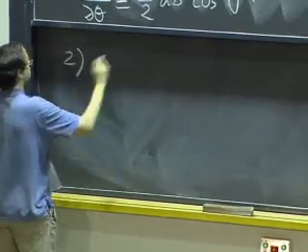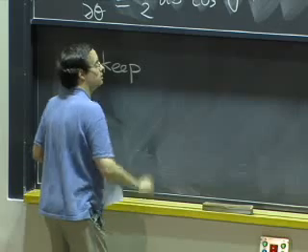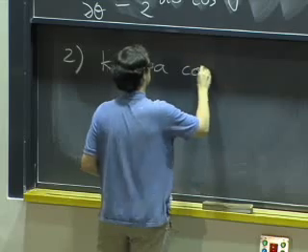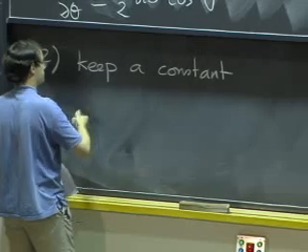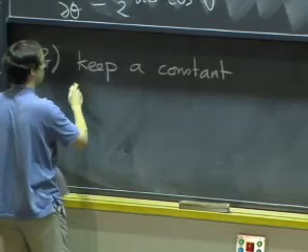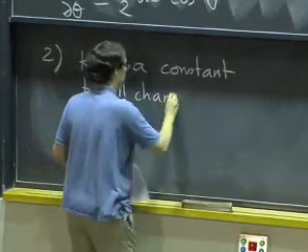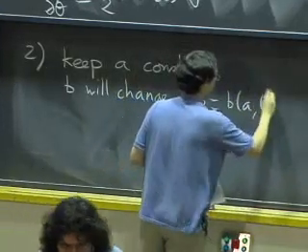So the next one is, let's say, keep A constant. And that means that B will change. B is going to be some function of A and theta.